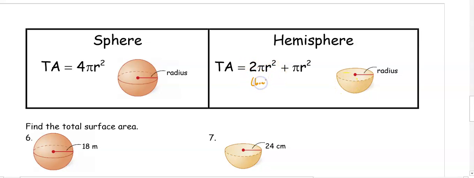Sometimes I call this a bowl. And then this part over here is going to be that extra pi r squared, which is the circle. Okay, so think about this having a bowl on the outside and then a circle. So if we're going to paint it, it's really 3 pi r squared, but we split it into 2 parts because we don't always use this part when we start getting to composite figures.